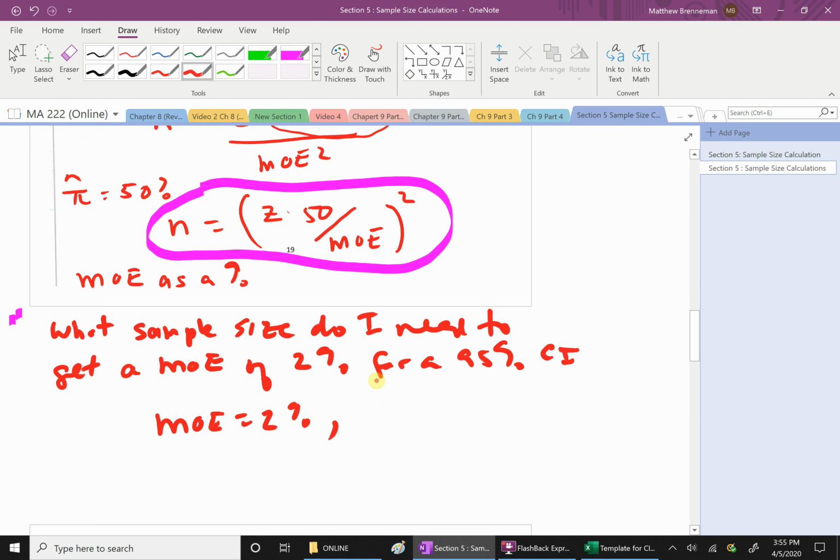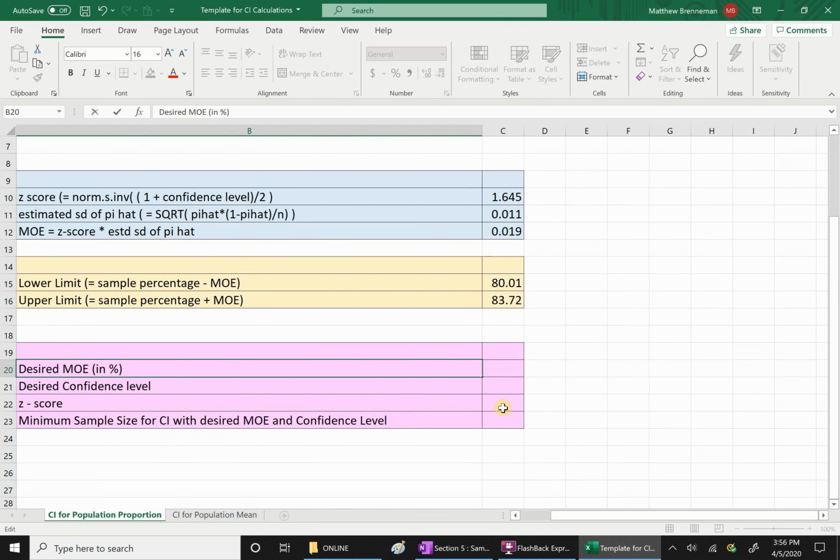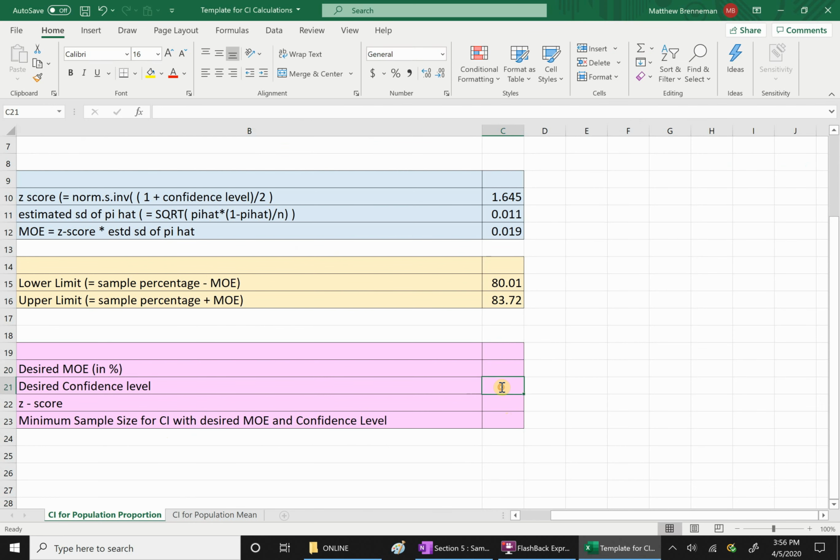I need the z-score for a confidence level of 95%. When you do that calculation, it's 1.96, but we'll go ahead and do it here. So my confidence level is 0.95. And it's the same calculation that we did here. Okay. So I could actually just cut and paste right here.